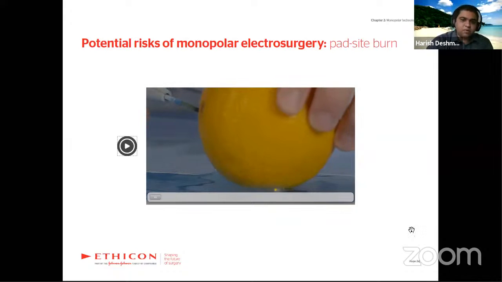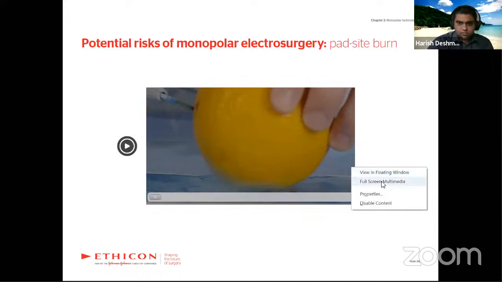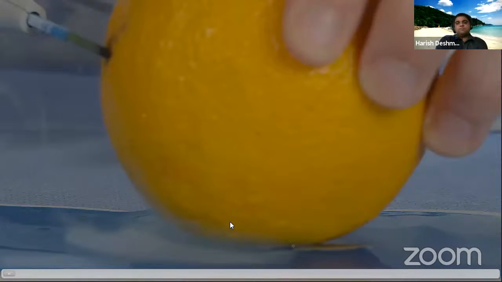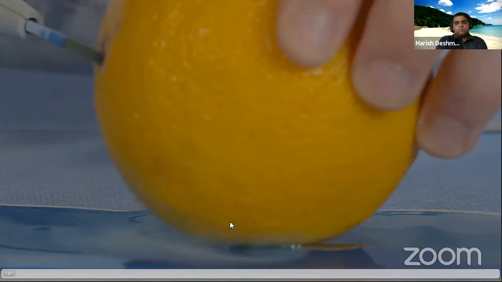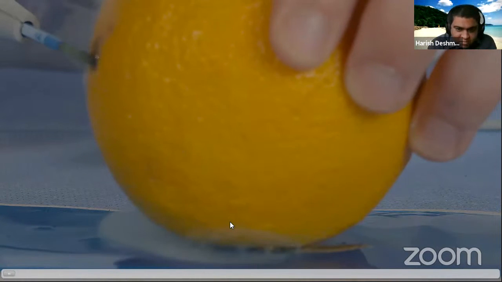When there is improper contact with the pads, the burn will be like this only. So the patient will have a pad burn exactly here.